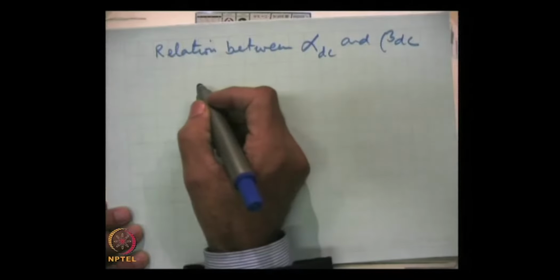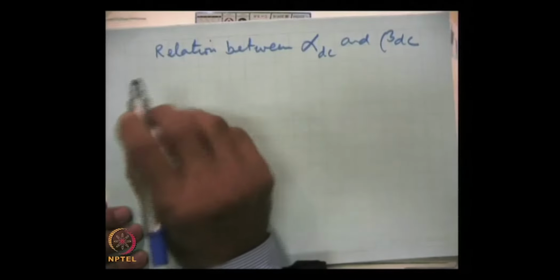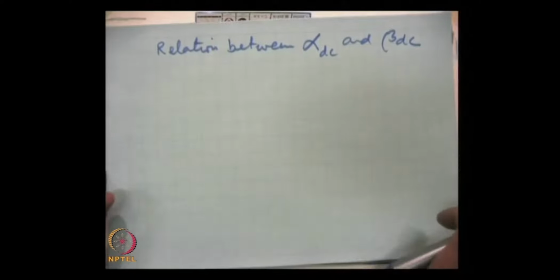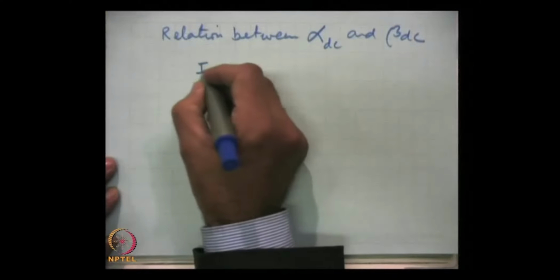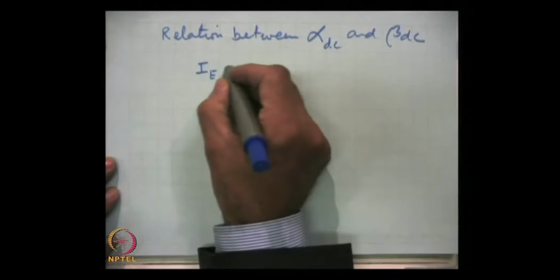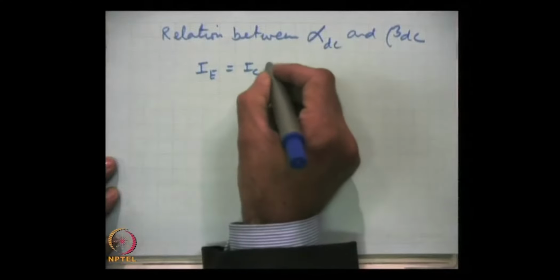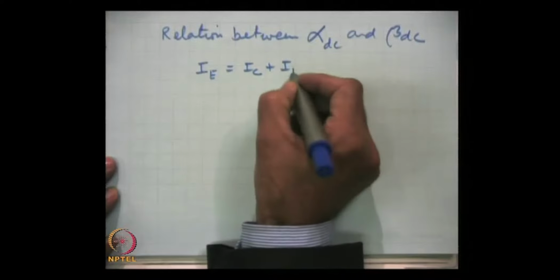The fundamental equation, that how the three currents are related in a transistor, this we know: IE is equal to IC plus IB.